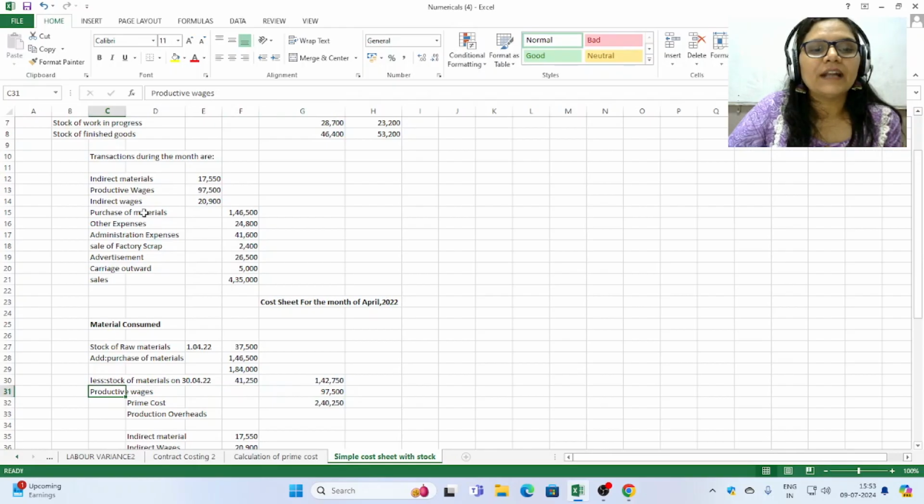After that, we will add direct wages, which is 97,500, and adding material consumed to productive wages, we will get the prime cost.